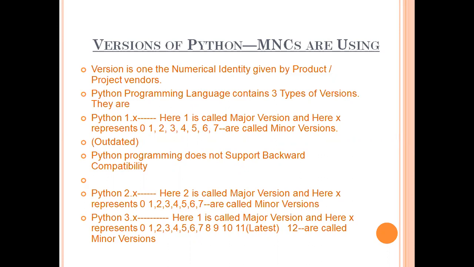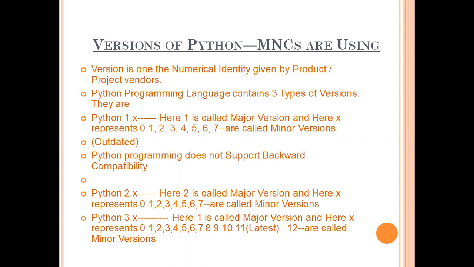Now, Python 3.x. Here, 3 is the major version and x represents the minor versions. And nowadays, which version is in use? That is Python 3.x.